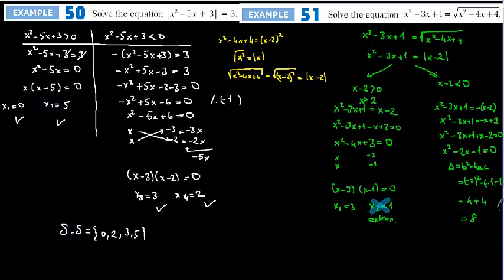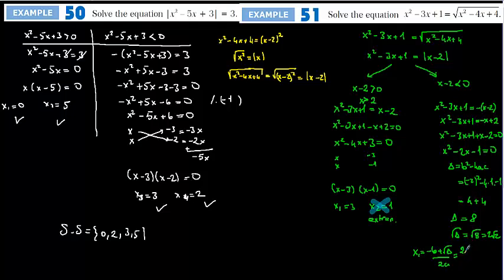So the root of delta is equal to the root of 8, which is equal to 2 root 2. x1 is equal to minus b plus root of delta over 2a. Minus b here is equal to 2.